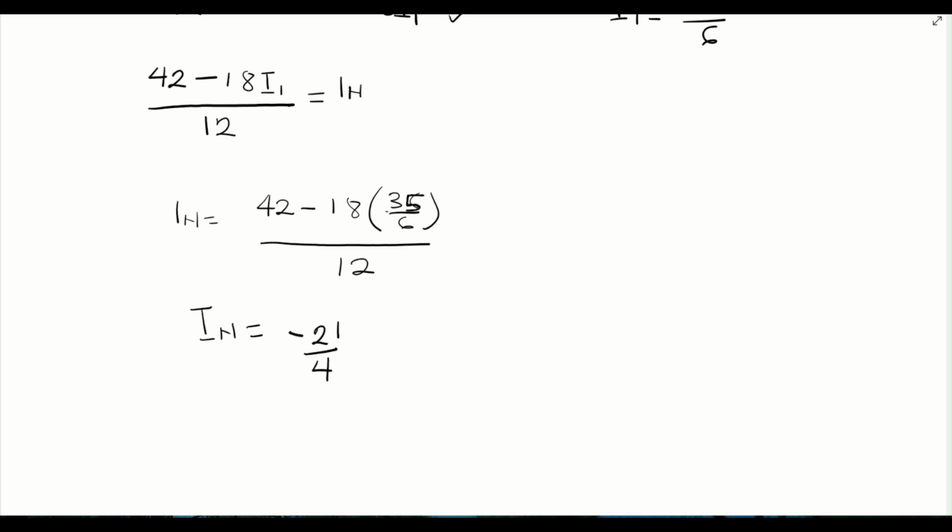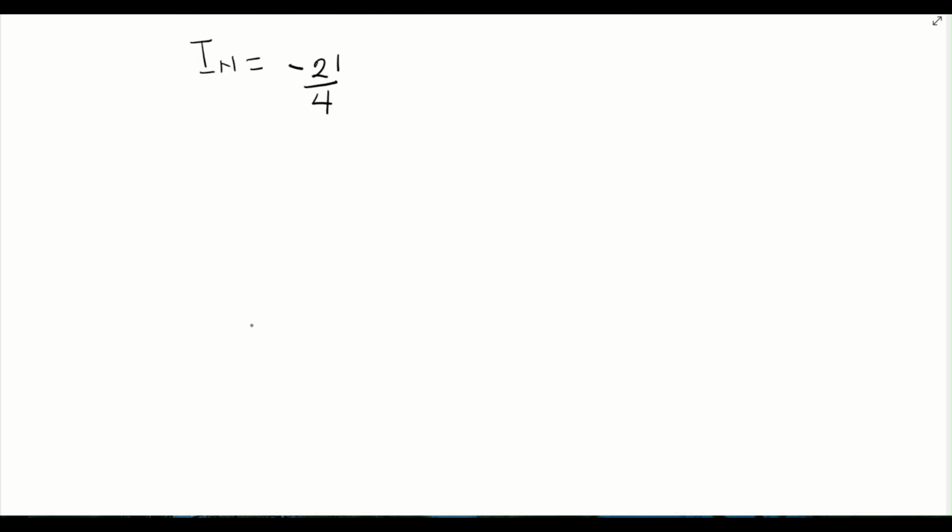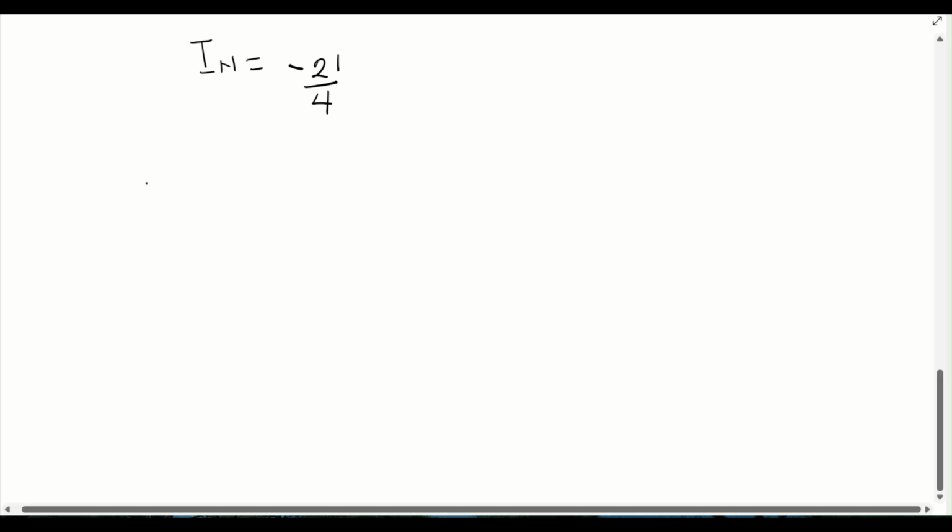So after we are done finding our IN, the next thing that we have to find is our Rn, which is our Norton's equivalent resistance. With that, the first thing that we have to do is deactivate all sources. All voltage sources should be short-circuited and all current sources should be open-circuited. For this particular question, we only have voltage sources, so we are going to short-circuit the voltage sources.